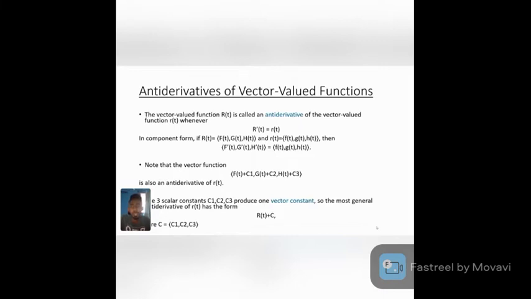Note that the vector function F(t) plus C1, G(t) plus C2, H(t) plus C3 is also an antiderivative of r(t). The three scalar constants C1, C2, C3 produce one vector constant, so the most general antiderivative of r(t) has the form R(t) plus C, where C equals C1, C2 and C3.